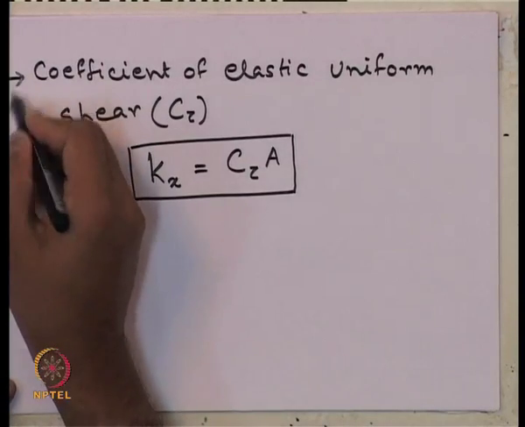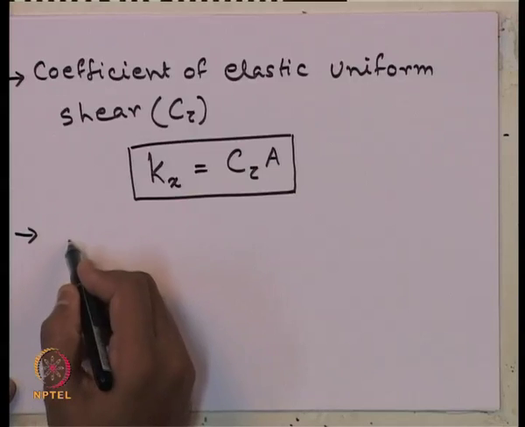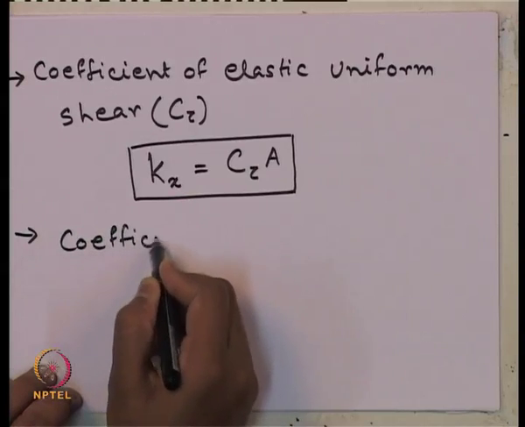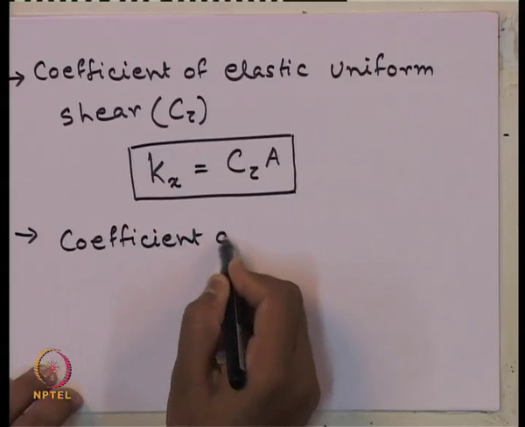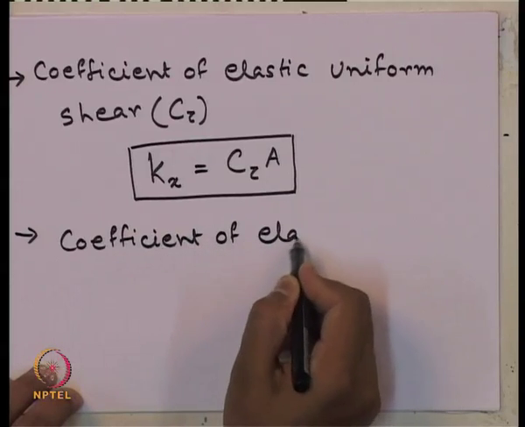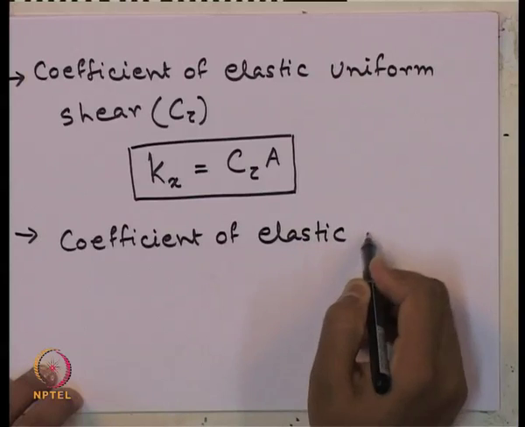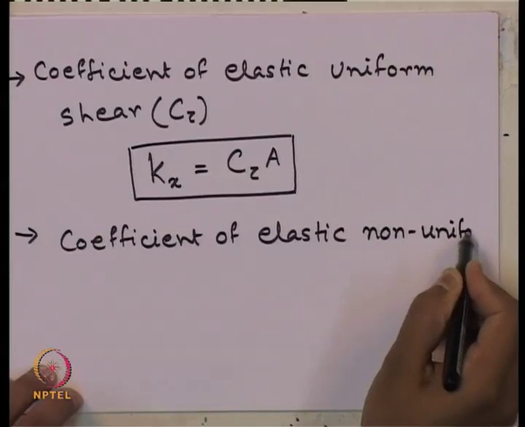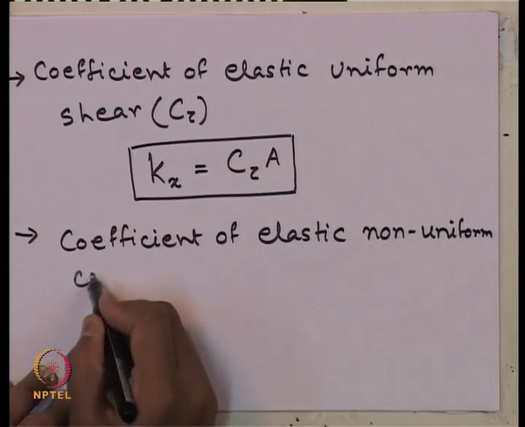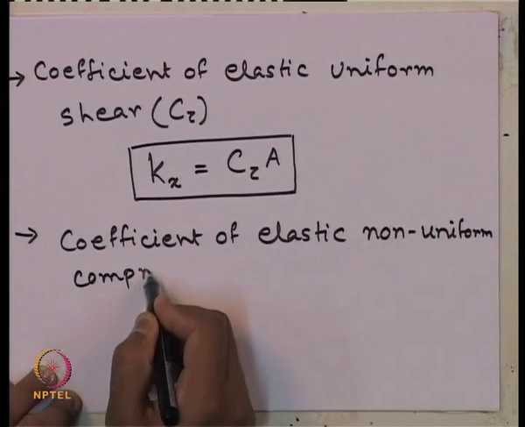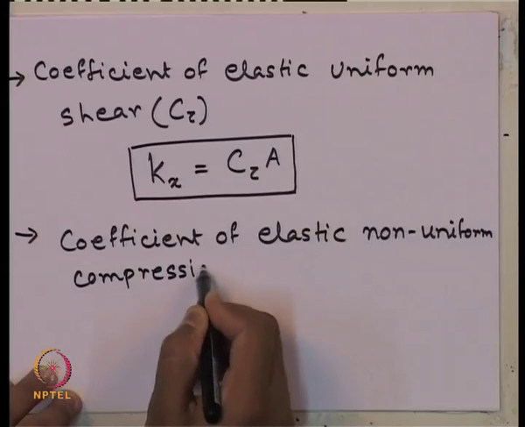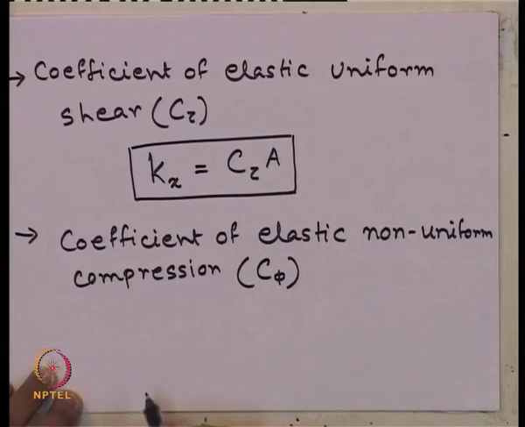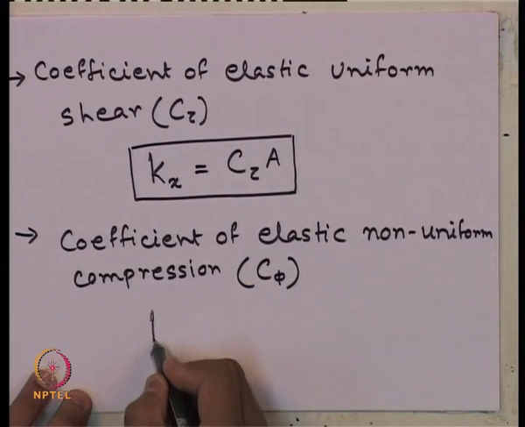Next, another terminology, coefficient of elastic non-uniform compression, generally denoted by C phi.